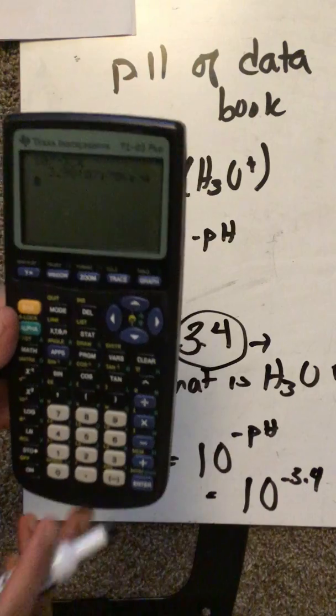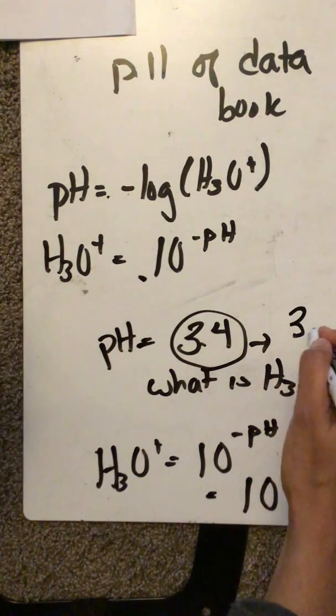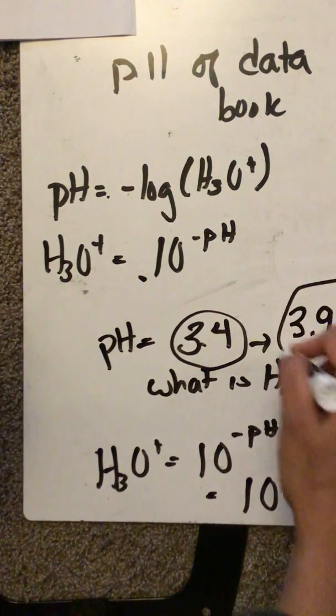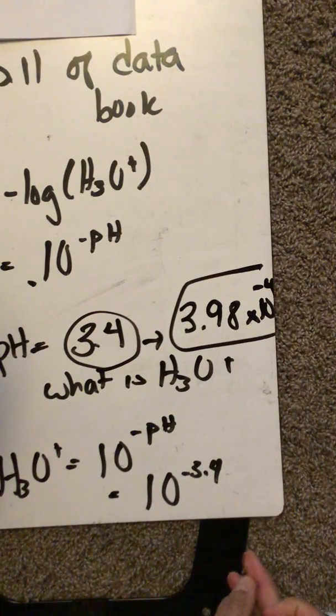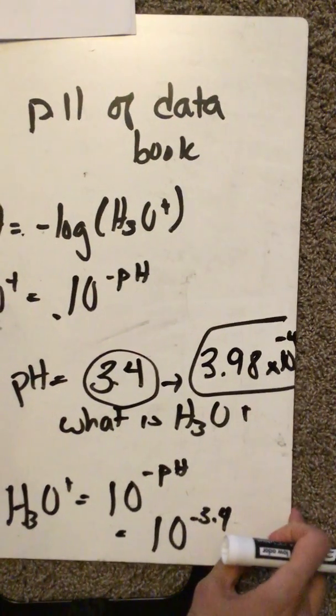And that's your hydronium concentration: 3.98 times 10 to the negative 4. That's all you do. So that's how to calculate hydronium.